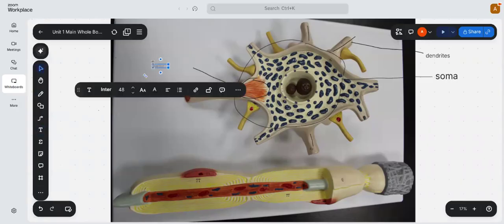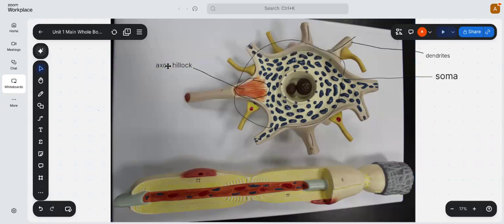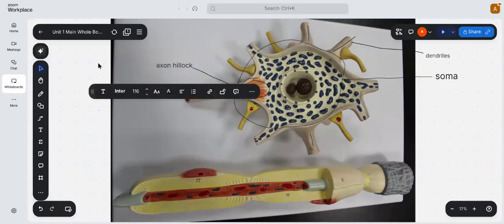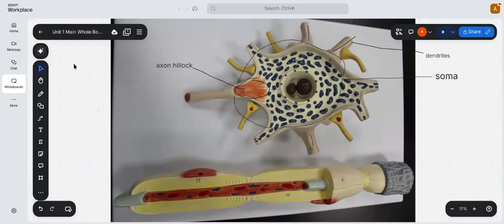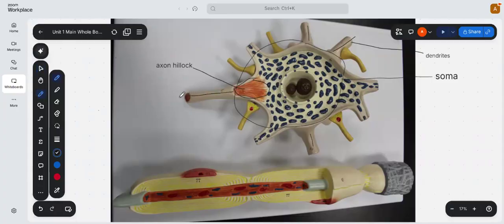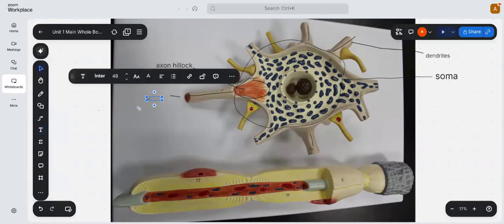And it basically helps signify that that is the axon and it's the beginning of the whole axon. If you ever look in histology, that is a really great way to differentiate dendrites versus axons because they do look very similar.